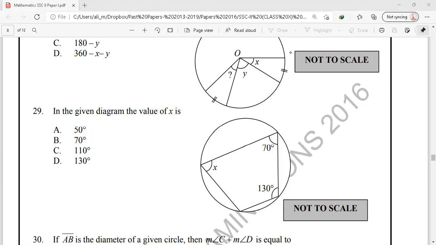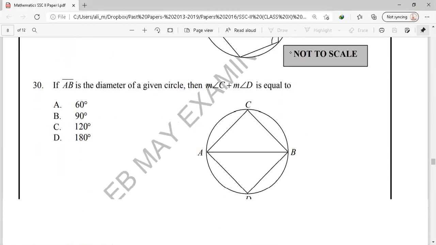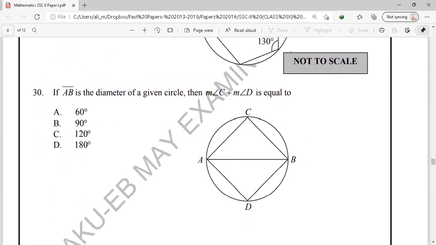Let's come to the last question of this year, question number 30. In this question, we have a circle and a diameter AB, and we have to find the sum of angle C and angle D. Here we have angle C and angle D in this diagram. ABCD is a cyclic quadrilateral, which means the sum of the opposite angles is always 180 degrees.